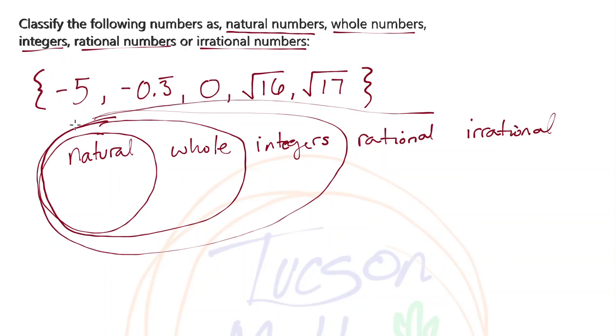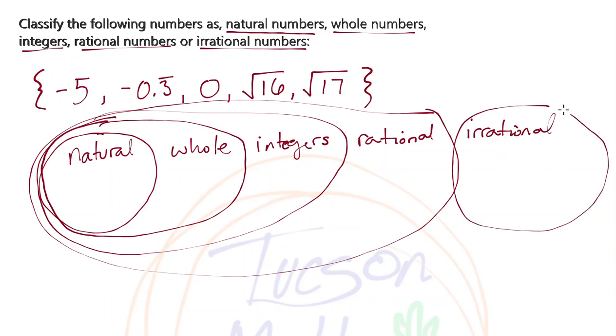And rational numbers contain all of the natural, whole, and integers. But irrational numbers has no overlap. Right? There's no overlap between the rational and the irrational. So when I put something in a category, if it's inside the circle for a particular category, it is that thing. So in other words, some of these numbers could be more than one thing.